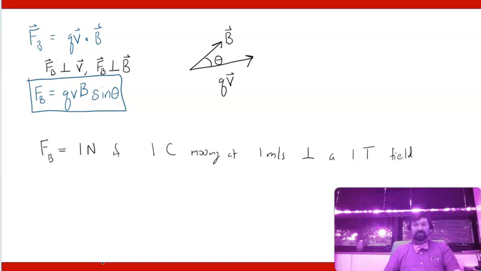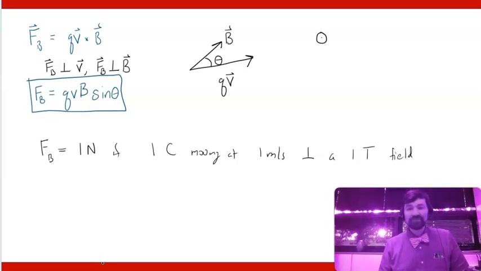Second thing that we have to note about this charge moving in a magnetic field is how to actually fully determine the direction. So we know that it's going to be perpendicular to the velocity vector. We know it's going to be perpendicular to the magnetic field vector. If these two vectors are both in the plane of the screen that you're looking at, then perpendicular is one of two directions.